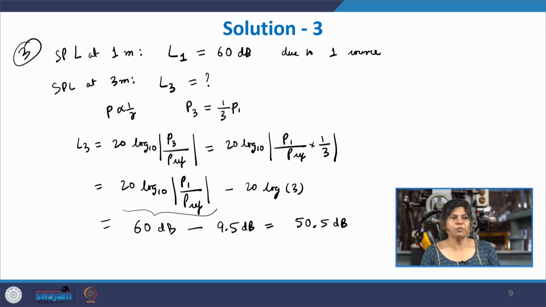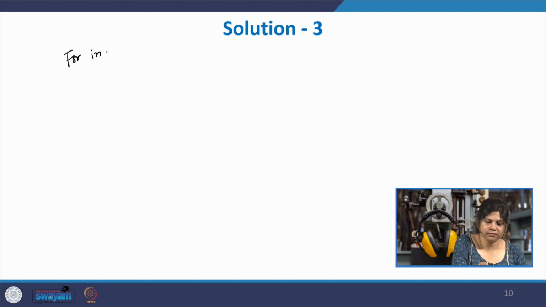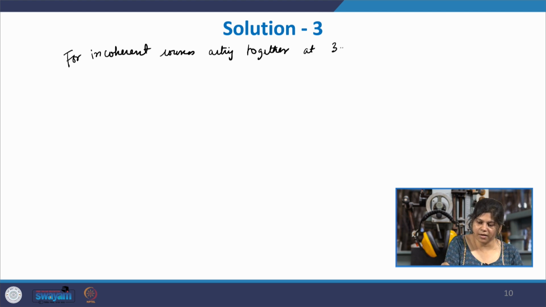Now, what would be the net effect of these incoherent sources acting together at 3 meters? L effective at 3, again by the formula, is this.